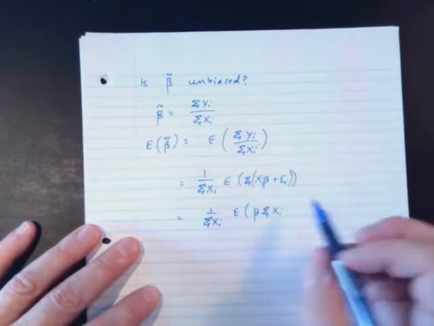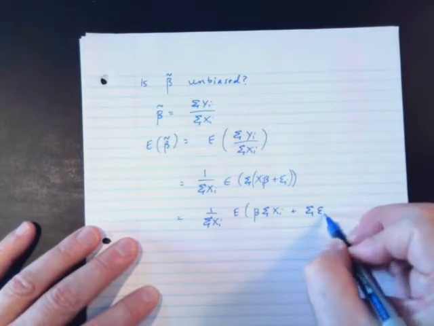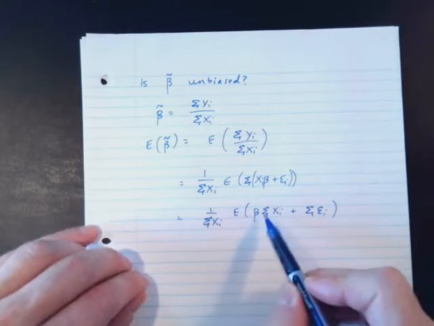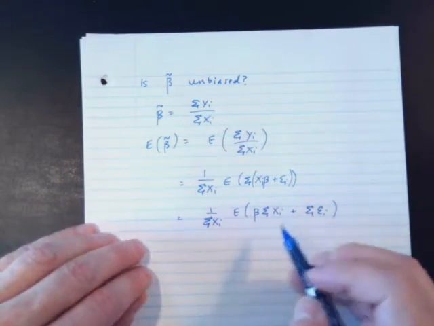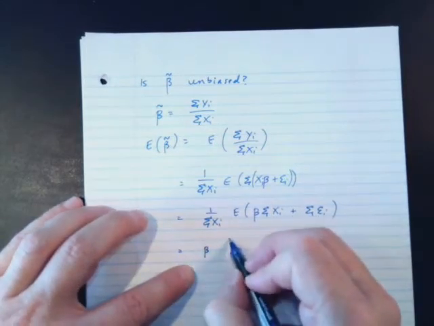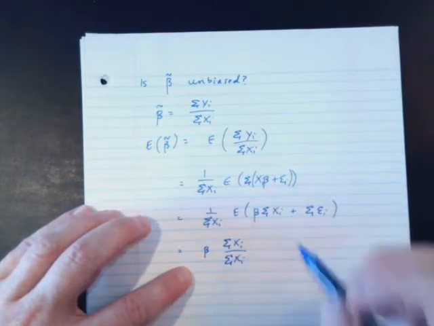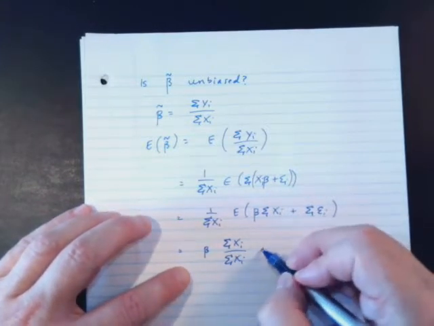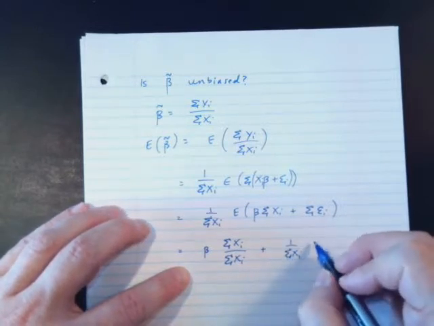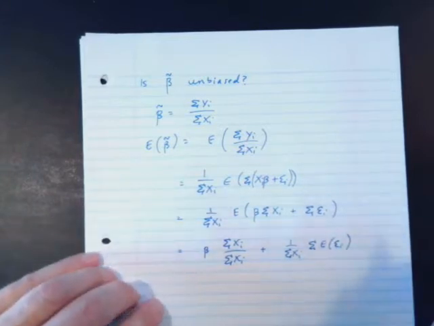And we're taking the sum of both terms, so I'm just going to repeat the summation sign here. Okay, now this is non-random, so we can take it outside the expectation term altogether. So we're going to have beta times the sum of x_i over the sum of x_i plus 1 over the sum of x_i times the sum of the expected value of epsilon.